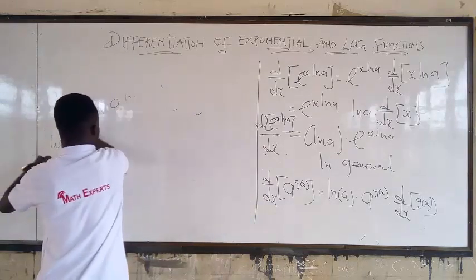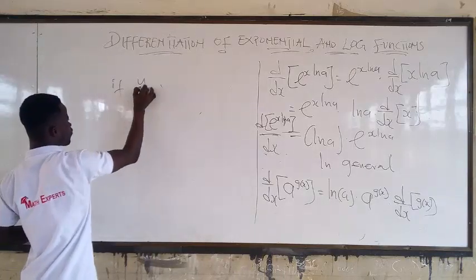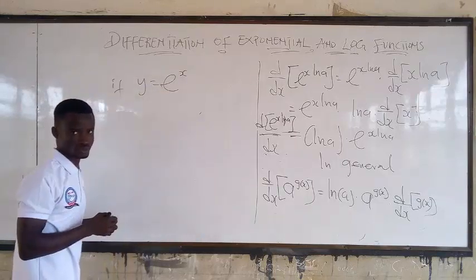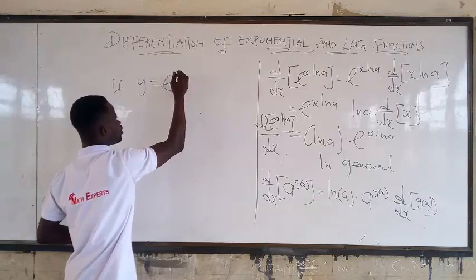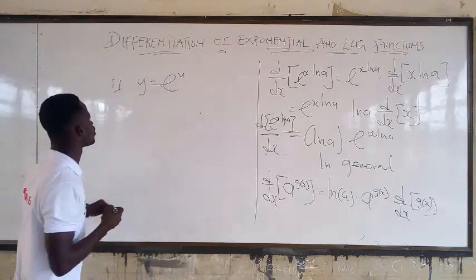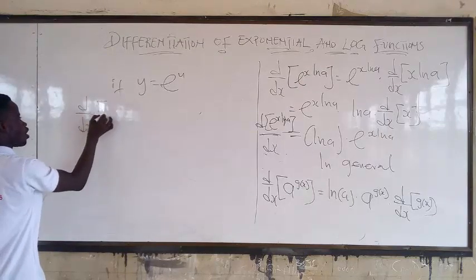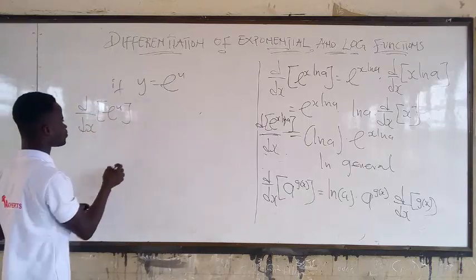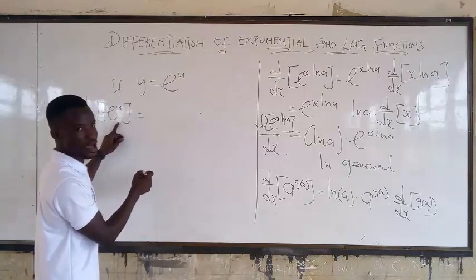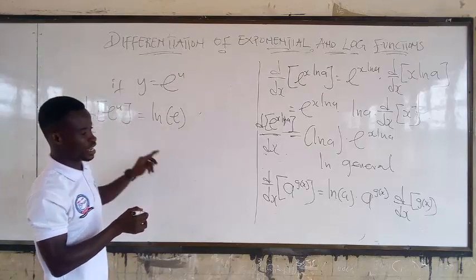looking at what we have established here, you can see that if y is equal to e to the power x, or u, this is a constant, right? So the derivative of e to the power u will be equal to ln e, because that's a constant.